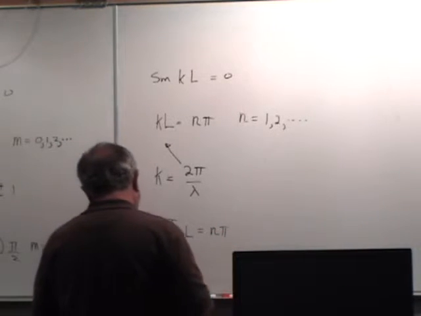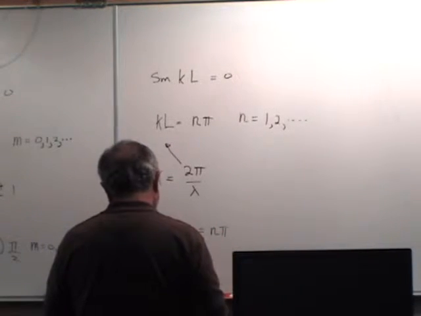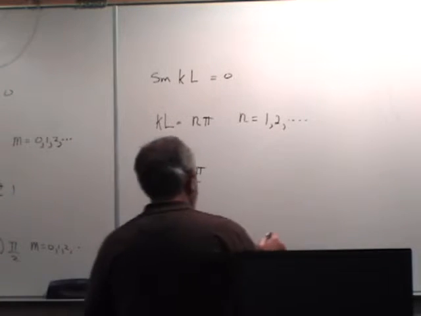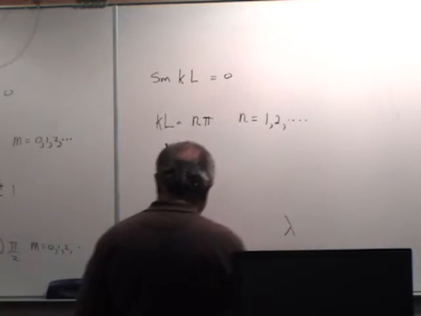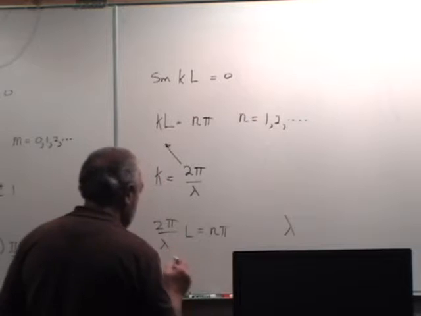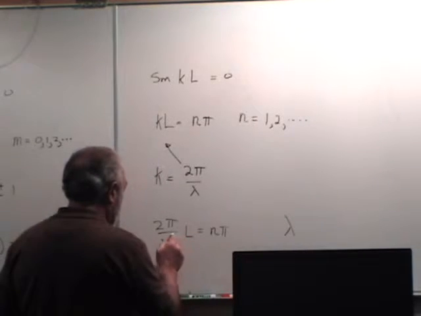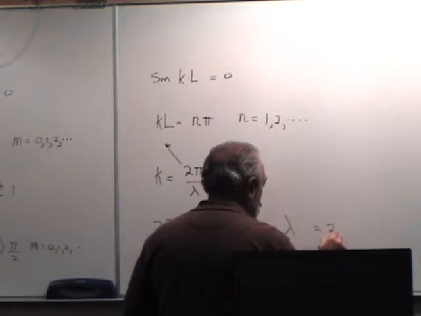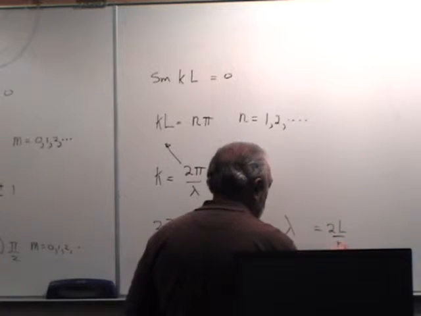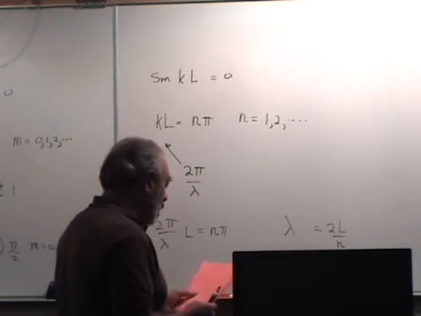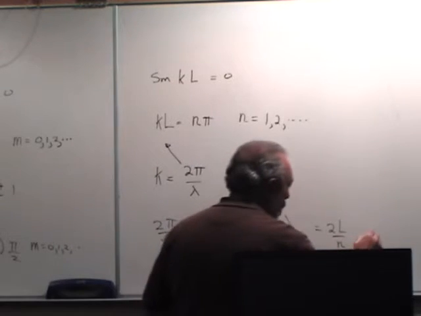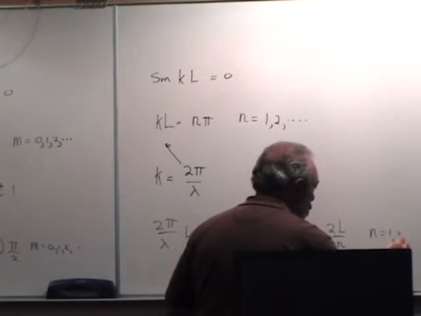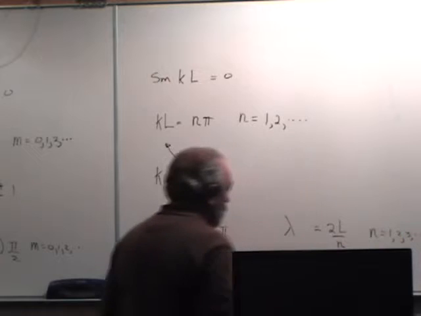And of course the pi's go away, so we end up with the allowed lambda. I'm going to put this up there and bring this down there, it is going to be 2L over n. Those are the allowed values where n can equal 1, 2, and so on.